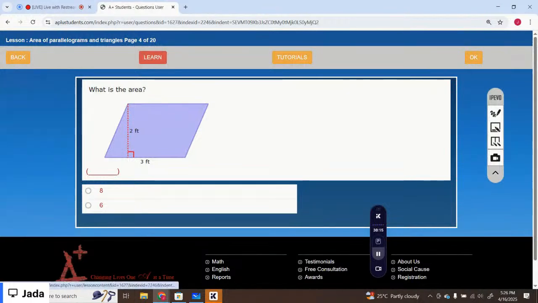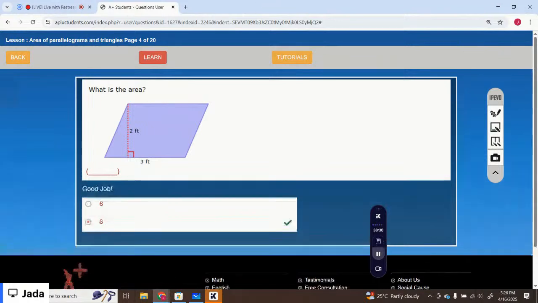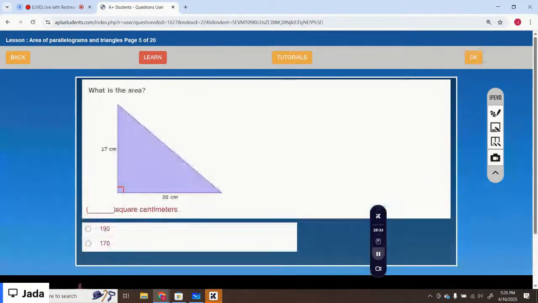What is the area? That is 2 times 3. Option number 2 is the correct option. 6 it is. What is the area?